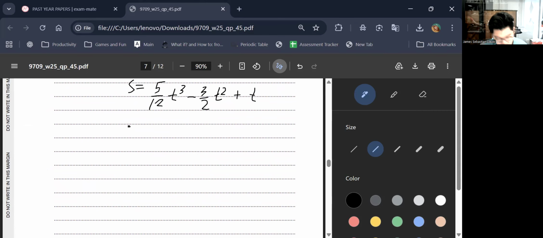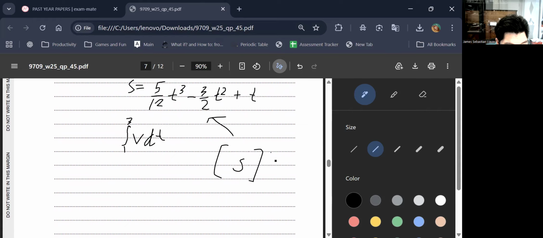So then you might think that we can just do this, and so evaluate this from x equals 3 to x equals 1.